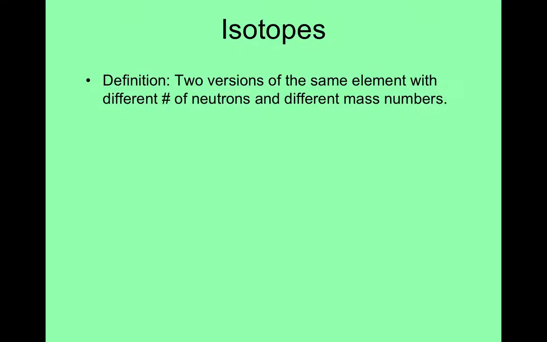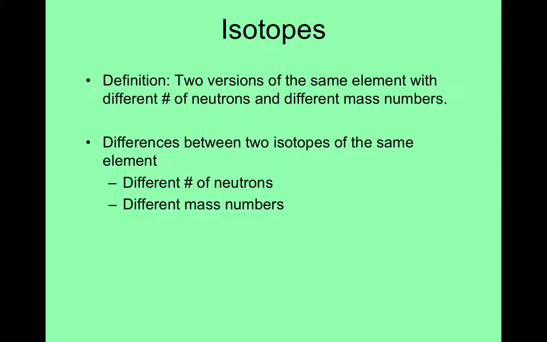Before I show you the calculation, I just want to look at what an isotope is, or what they are. They are two versions of the same element with different numbers of neutrons and different mass numbers. The difference between two isotopes of the same element, and I emphasize that we're looking at two isotopes of the same element, they're going to have a different number of neutrons and a different mass number.